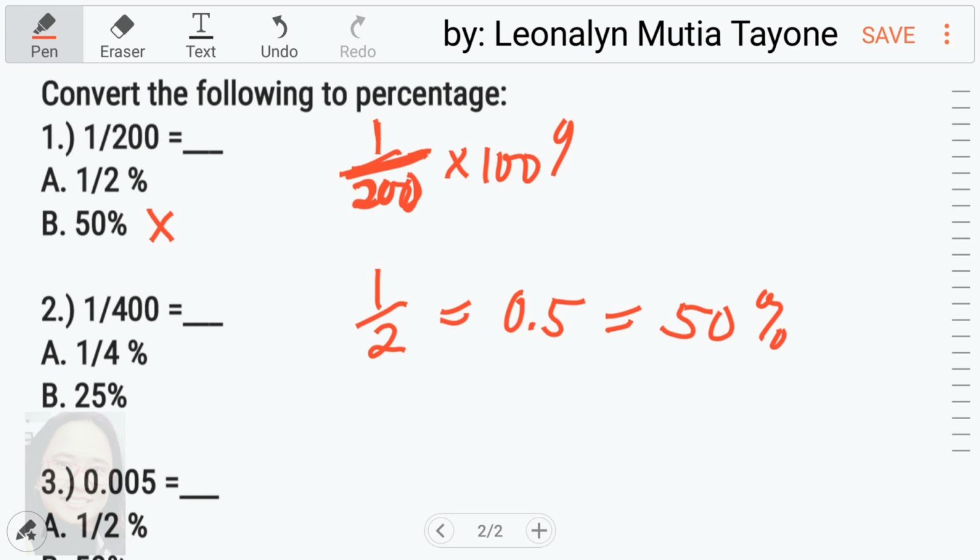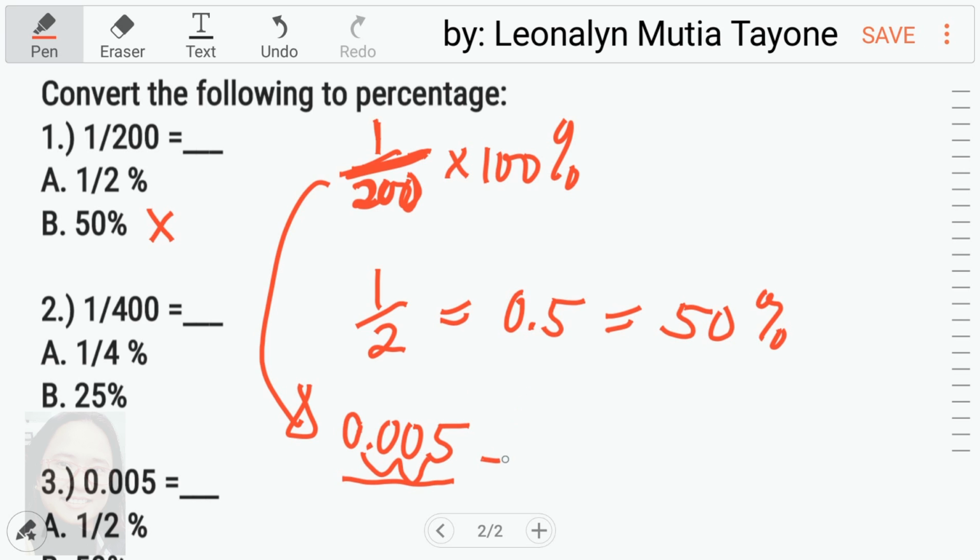Mag-multiply tayo ng 100%. Another way of doing this is 1 over 200 is equals to 0.005. When we convert this into percentage, mag-move ka lang ng decimal place to the right twice. 1, 2. So, magiging 0.5% siya.